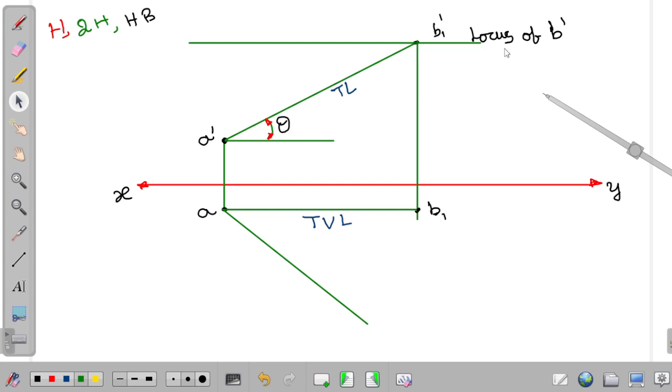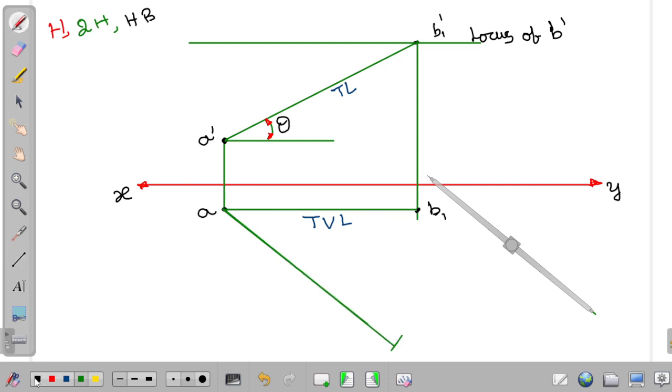Now we have to take the same true length with A as center and draw the arc. So the line is this now. This is the line. Good.